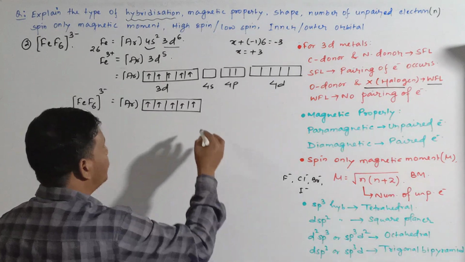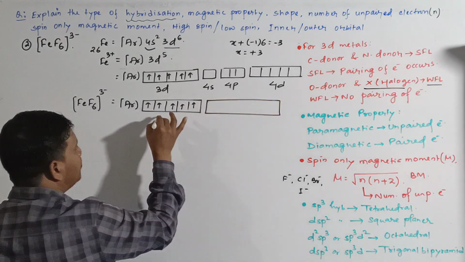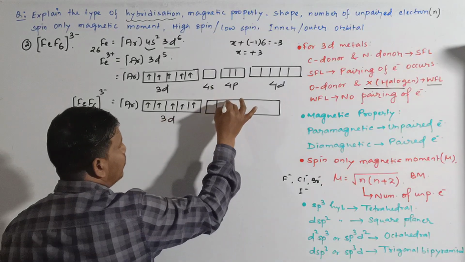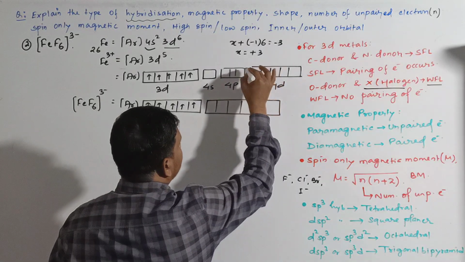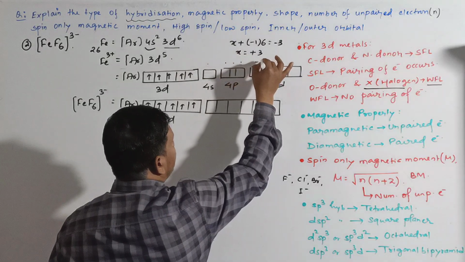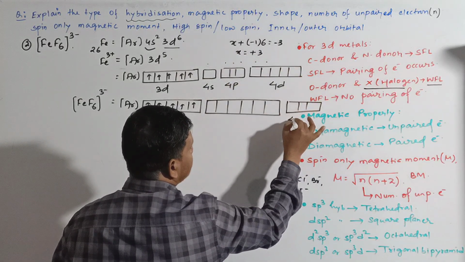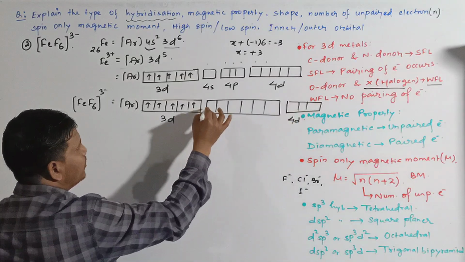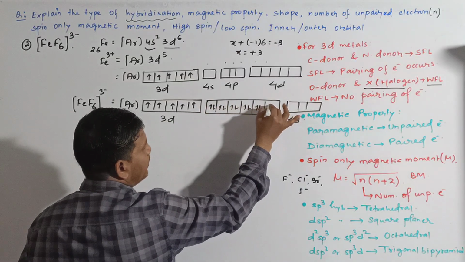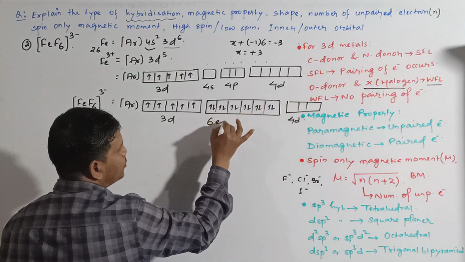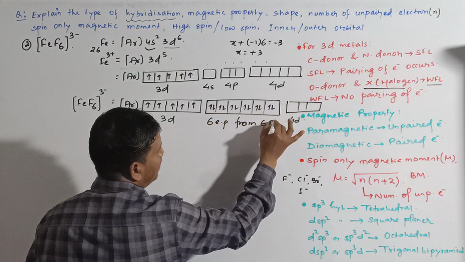In the first question, due to pairing, two orbitals became empty, but in this question we cannot pair up. So take 6 orbitals together, because during hybridization all orbitals have similar energy: 1, 2, 3, 4, 5, 6. These 6 orbitals will receive the electron pairs from the 6 fluoride ligands.